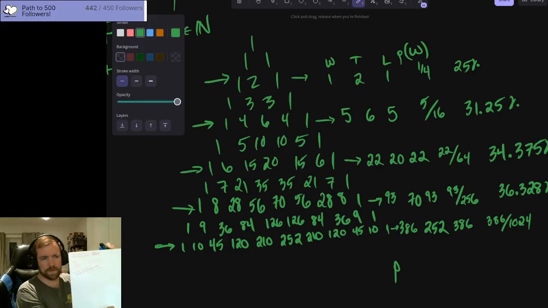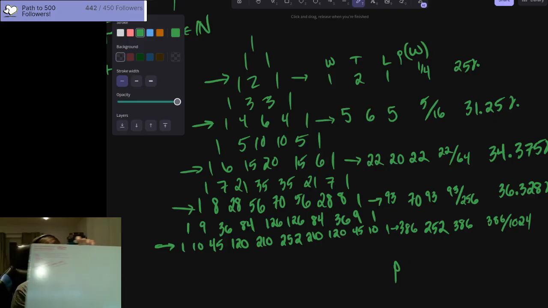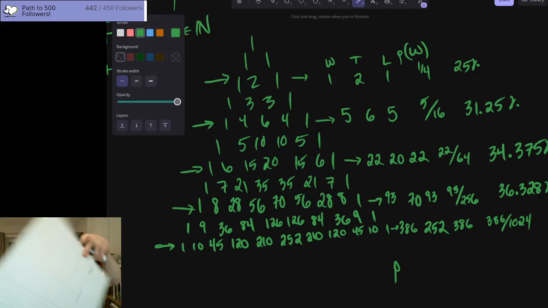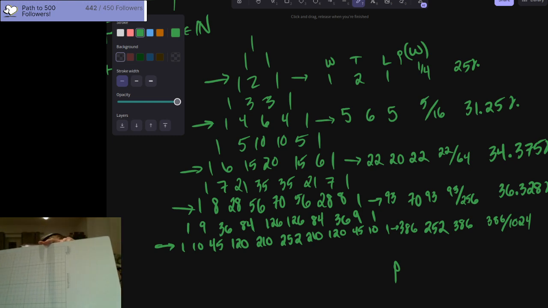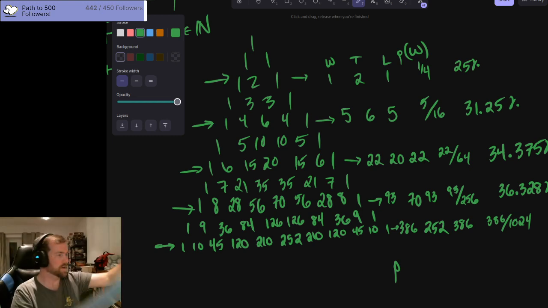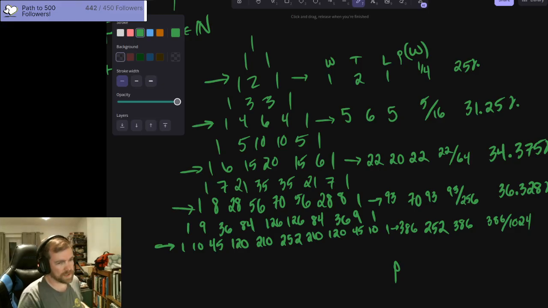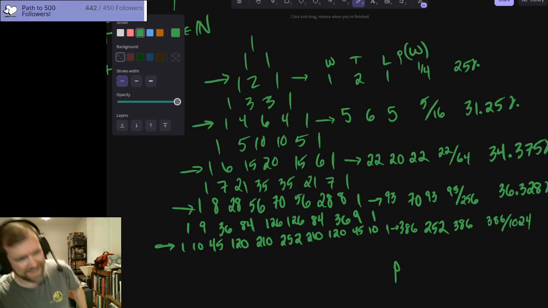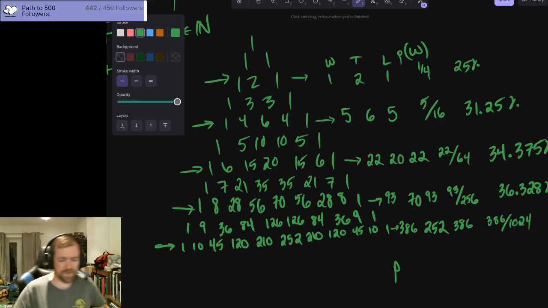Righto. Hashtag not sponsored. We do have a nice whiteboard. Brought to you by dryerase.com. This was actually given to me by the nice folks at Dry Erase when I was at one of their booths at a conference.